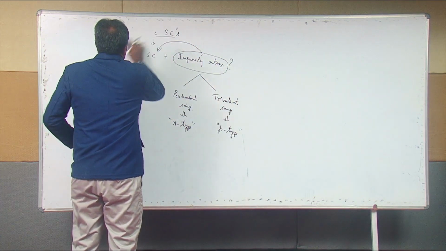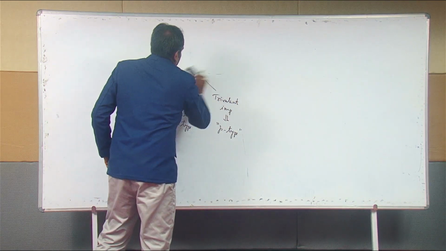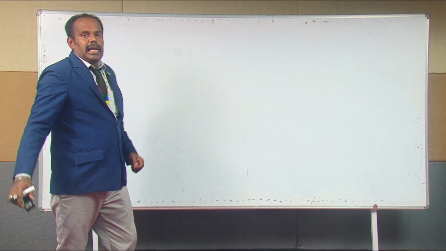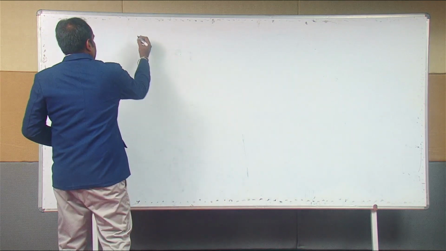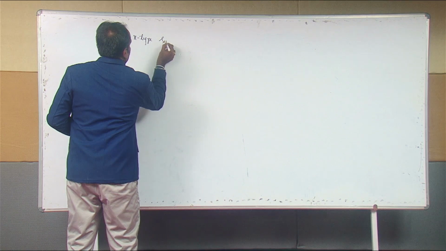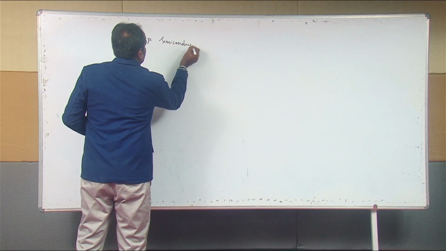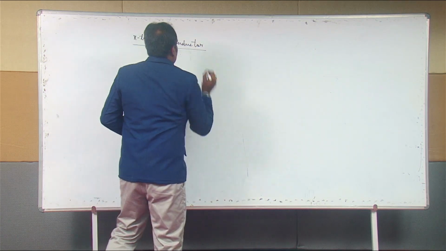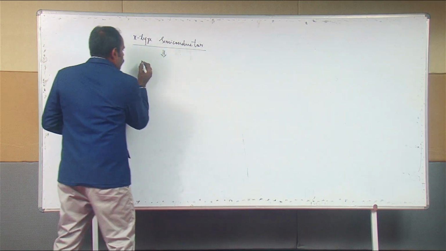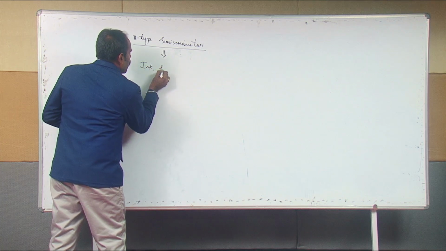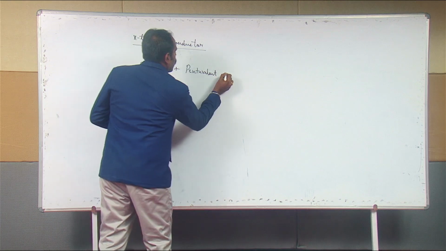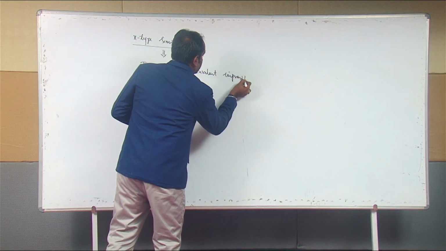So, as I mentioned, the first semiconductor that we are going to discuss now is the N-type semiconductor. I clearly mentioned that an N-type semiconductor is formed by adding a pentavalent impurity atom into the intrinsic semiconductor.